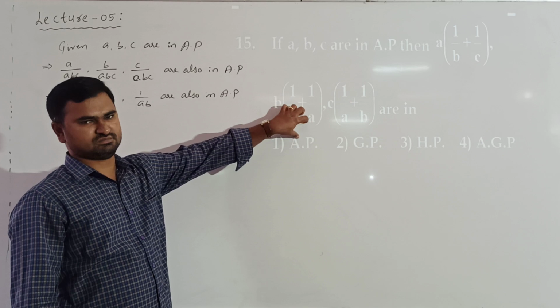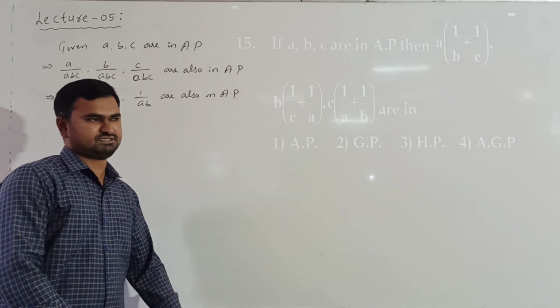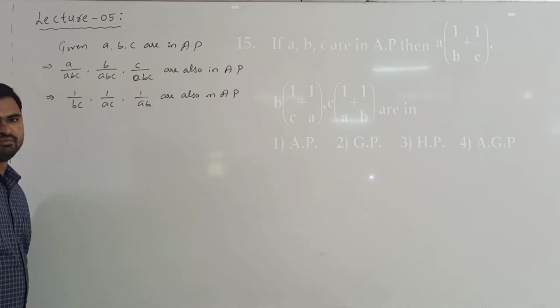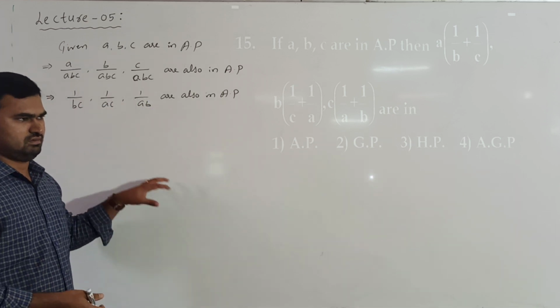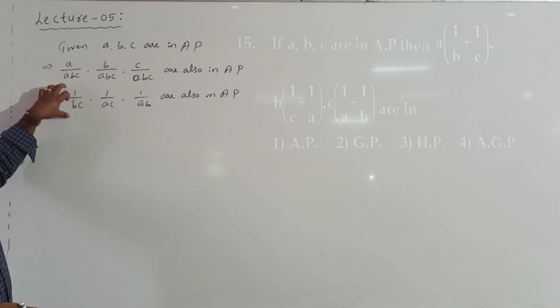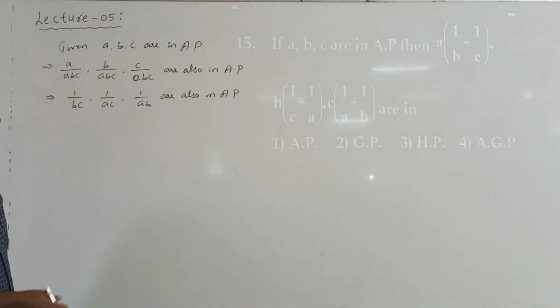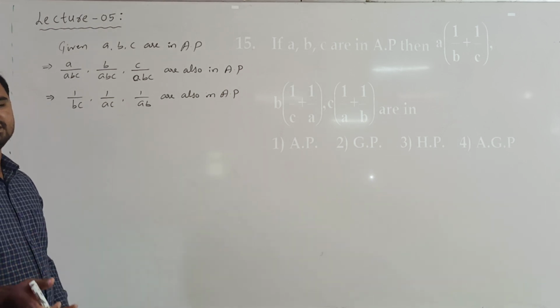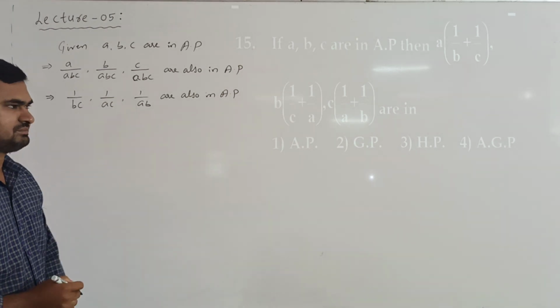But we need these terms. So to obtain the terms, for each of these terms I will multiply by some constant, that is AB plus BC plus CA. Each of the terms is multiplied by a constant, so still the resulting sequence will be in AP.